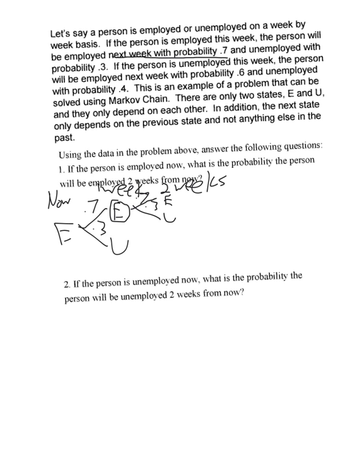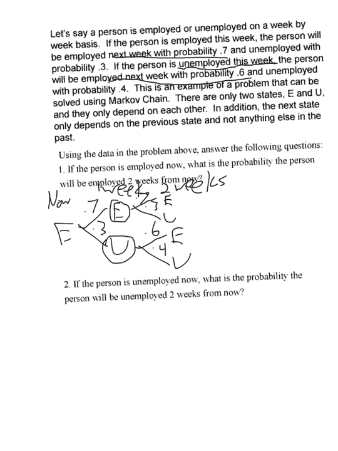Our other thing that can happen, so after 1 week, they could be unemployed. After that, they either go to employed or unemployed. But now we're using this other information. It says if they're employed this week, they're employed next week with probability 0.6. So there's 0.6, unemployed, 0.4.